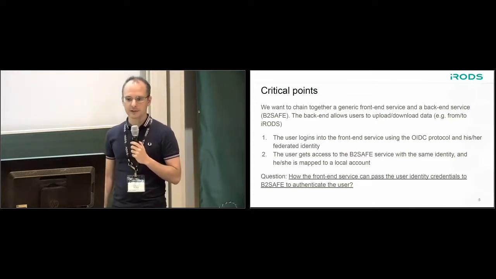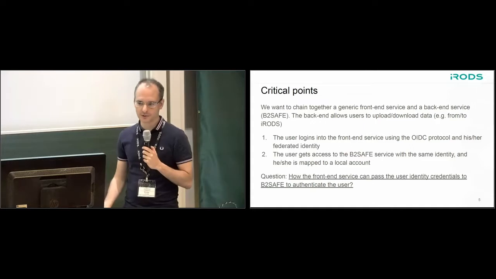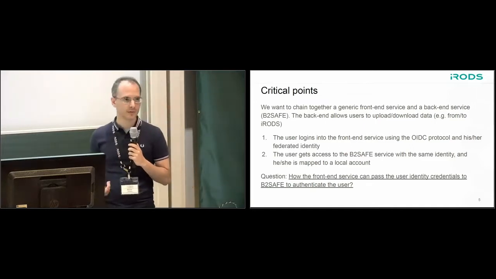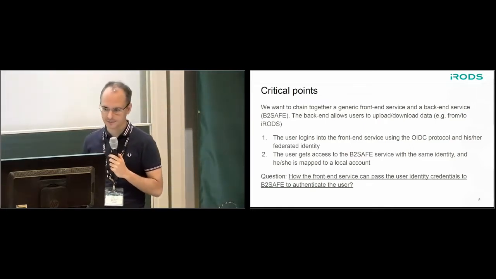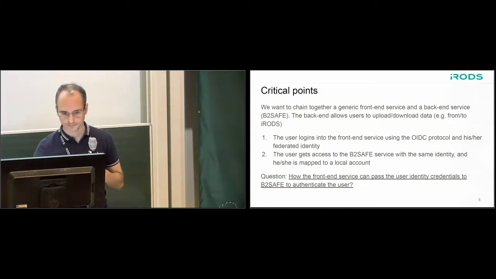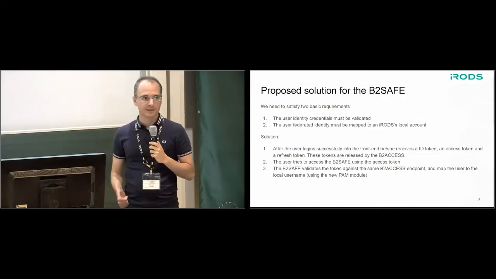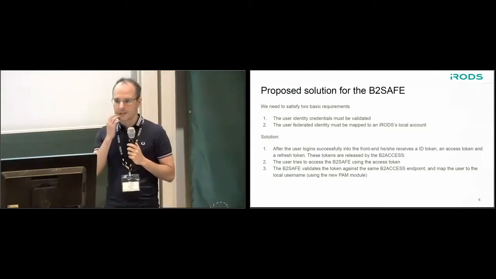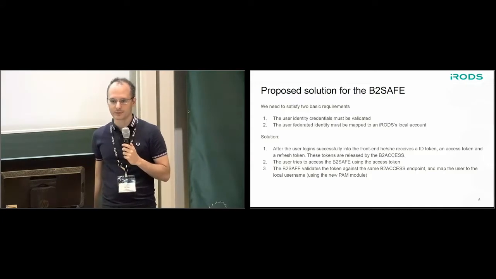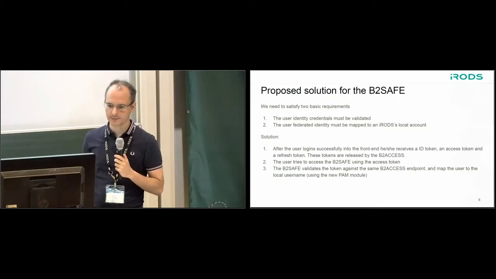So we need the user to log into the front-end service using OIDC, to a generic front-end service, and then to get access to the B2Safe with the same identity and to be mapped to the local account to use the service. So how could the credential be passed from the front-end to the back-end? We need the identity of the user to be validated in general. These are the two critical points. And we need to map the identity of the user to the local account, locally to the site.